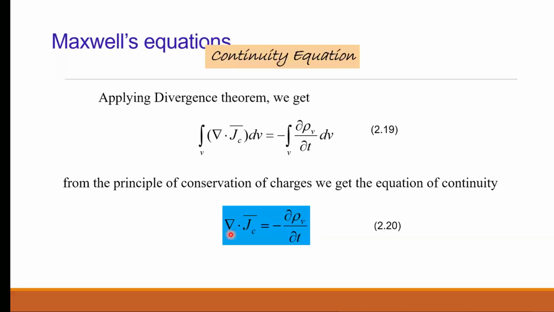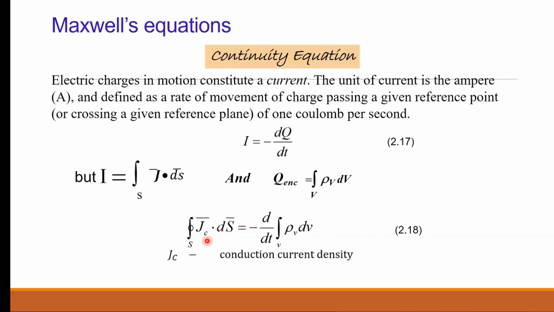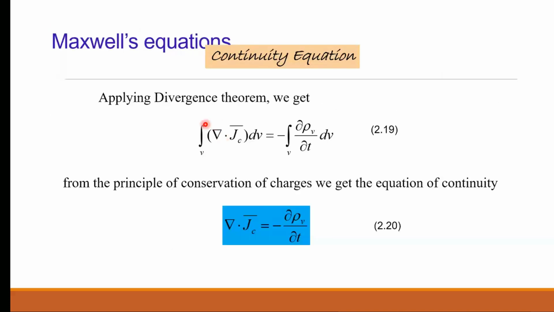So let us consider this surface integration part in equation 2.80. What can I write? Closed surface integration of Jc dot ds is equal to volume integration of del dot J bar into dv according to the divergence theorem, right?